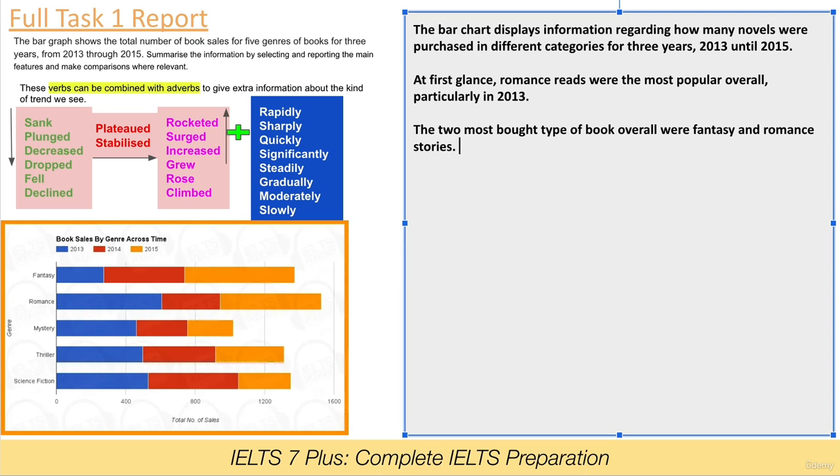Okay, so this is when we can go into detail and give some figures. And they both sold, we've got increments of 400. So this is 1200. Here would be about 1400. So I'd say both over 1300 perhaps.